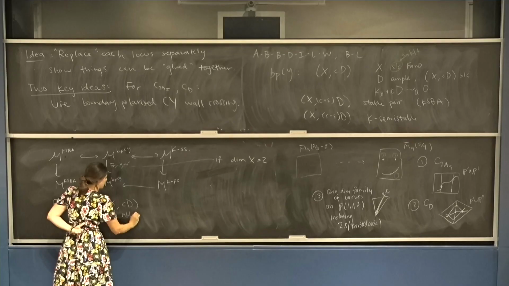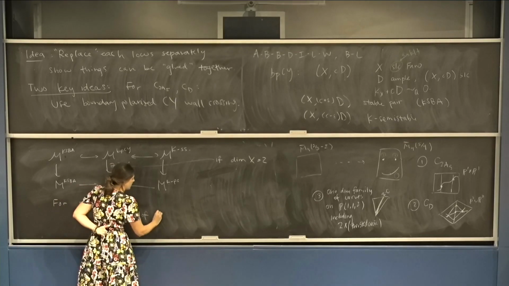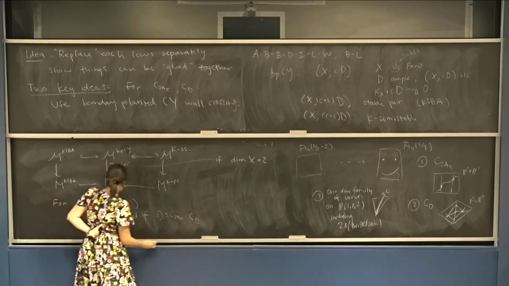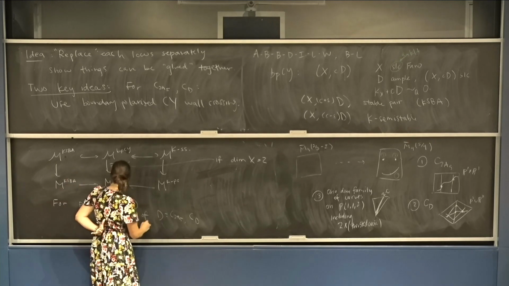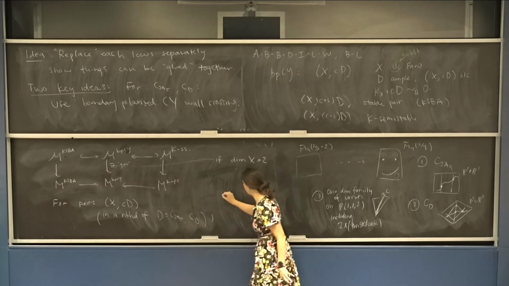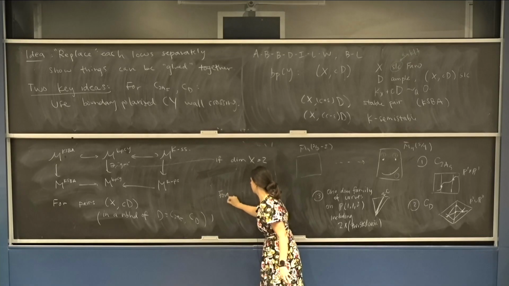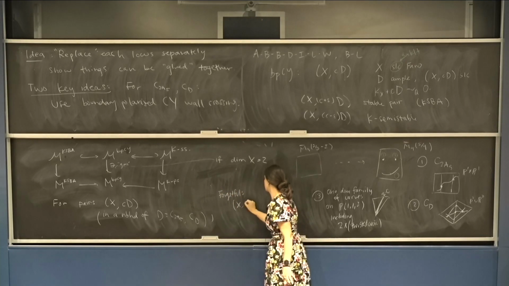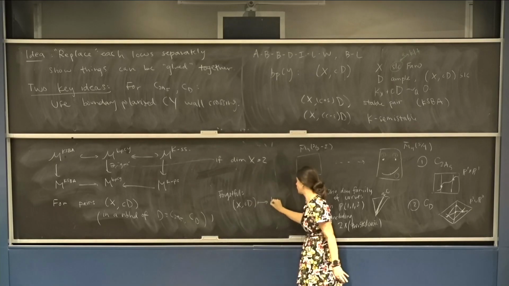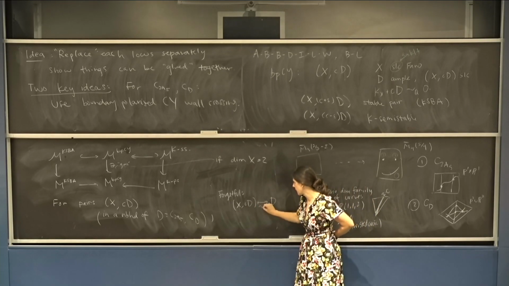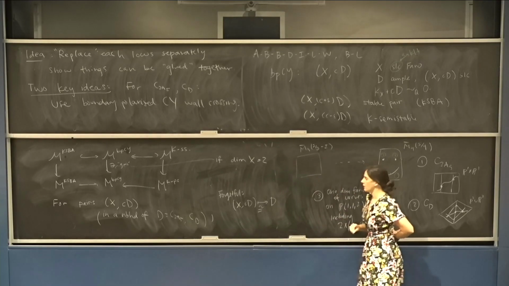You can ask me more if you want. In a neighborhood of these, either D equals C2A5 or CD, you have a forgetful map from the space of pairs to just the divisor. And we prove that in this neighborhood, this is in fact an isomorphism.